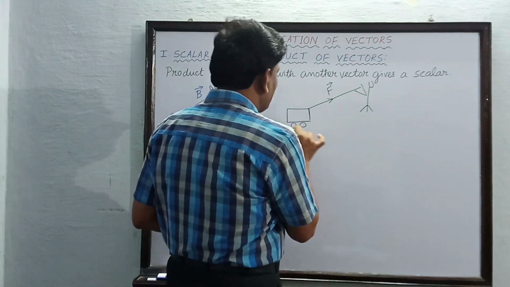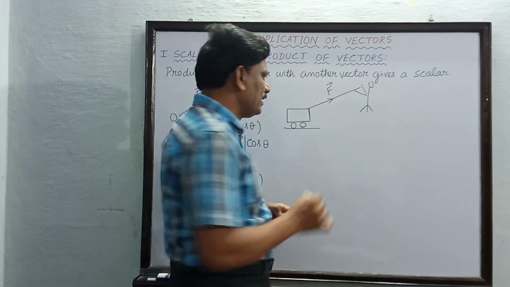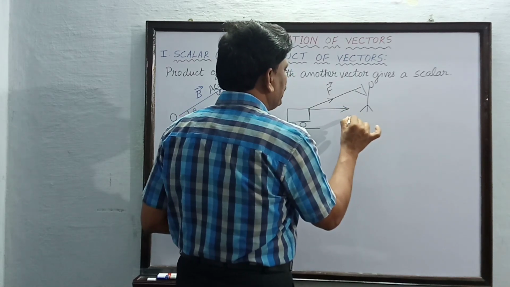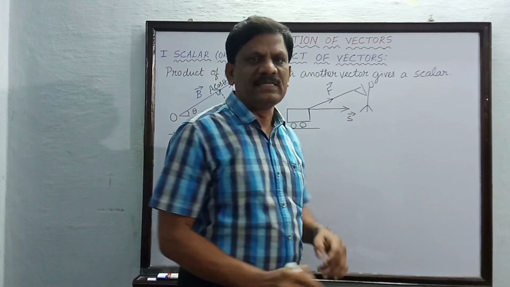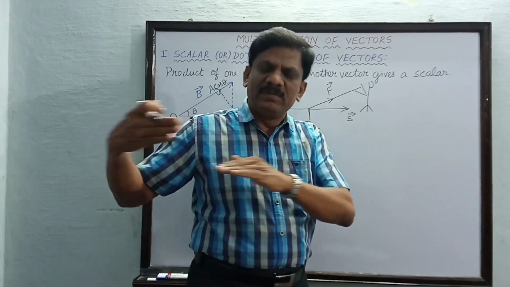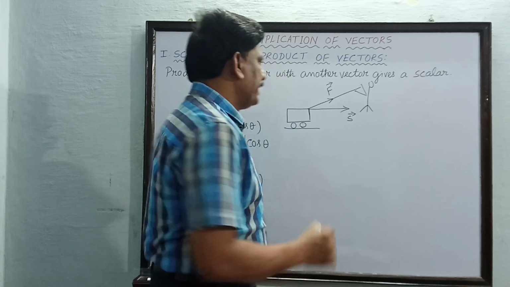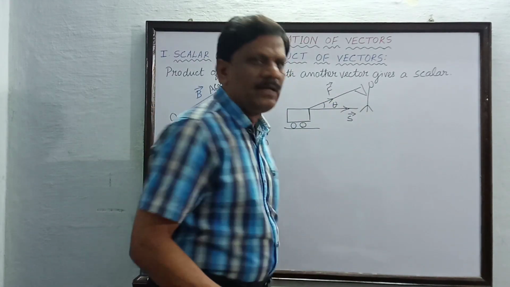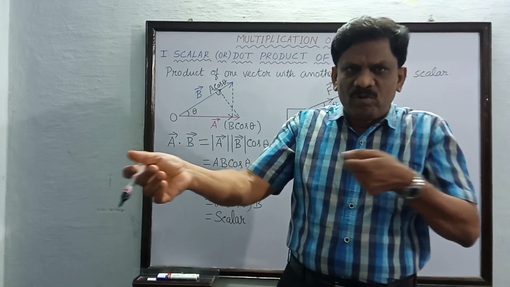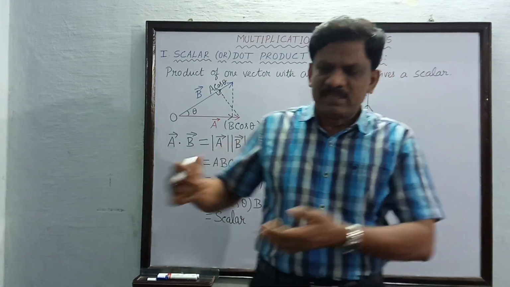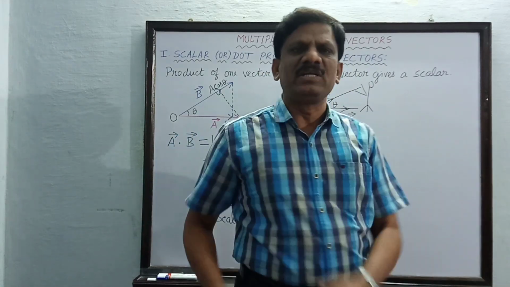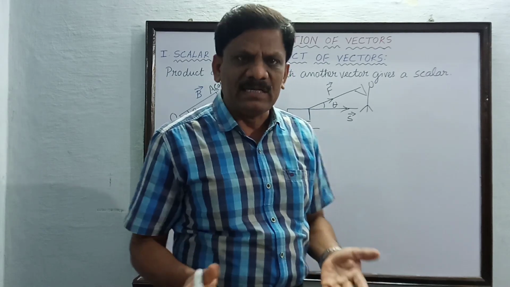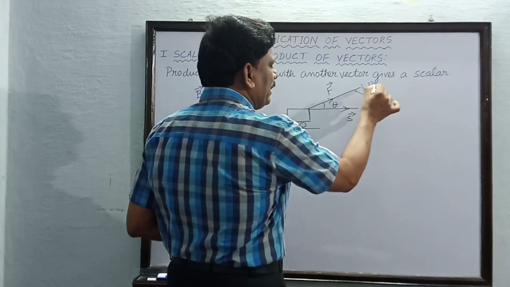But since the wheels of the toy are on the ground surface, the displacement will be acting along this direction. The displacement vector S is the displacement of the toy. So the angle between the force and the displacement is taken as theta. So when the toy is being pulled by a force acting along the string, where the displacement is produced in a direction making theta with the force, some work is done. So what is the work done by this child?